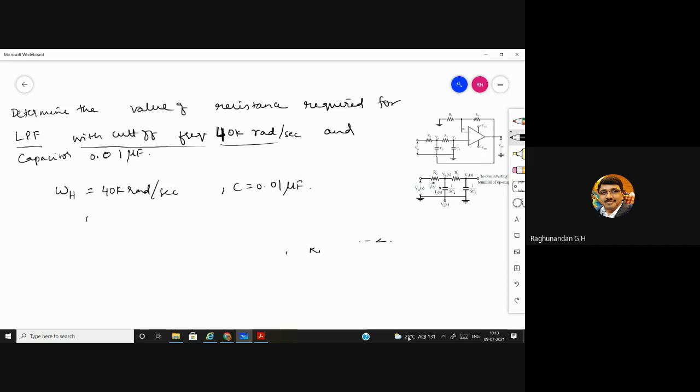So omega H, as you know, is 2 pi fH. And fH we have the formula 1 divided by 2 pi RC.